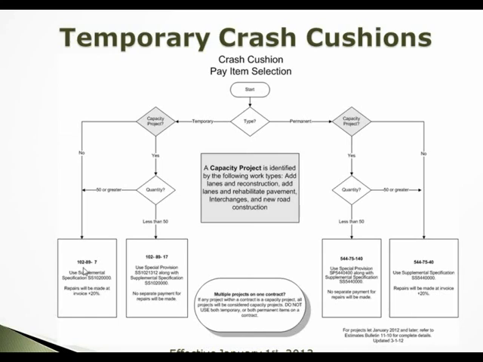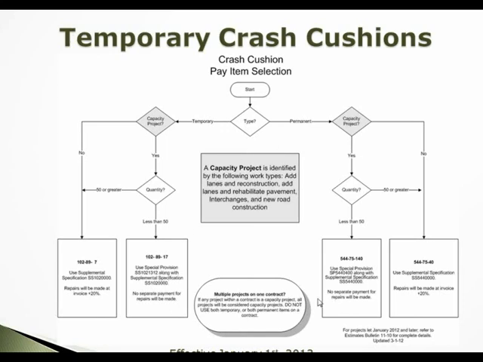If it's no, you're going to be using pay item 102-89-7. If it's yes, is the quantity less than 50 or more than 50? If it's greater than 50, you're going to be using 102-89-7. If it's less than 50, you're going to be using 102-89-17.